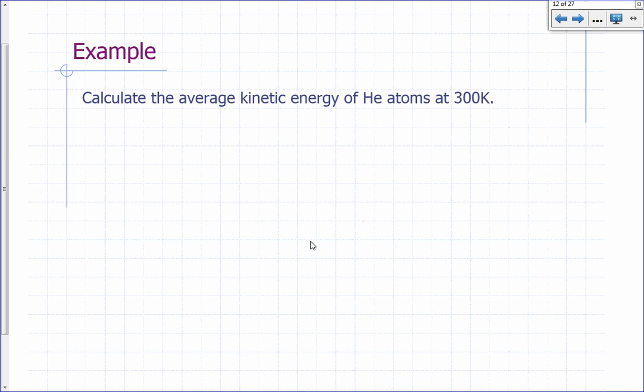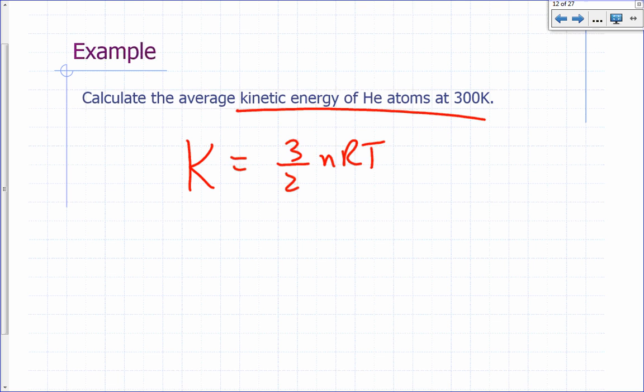Let's calculate the average kinetic energy of helium atoms at 300 Kelvin. So kinetic energy is 3/2 nRT. That's a total. If you want per mole, you divide by the number of moles. If you want per atom, you divide by Avogadro's number.